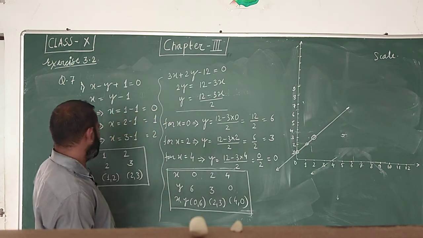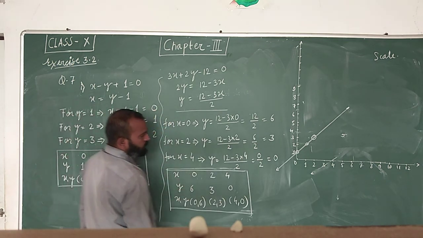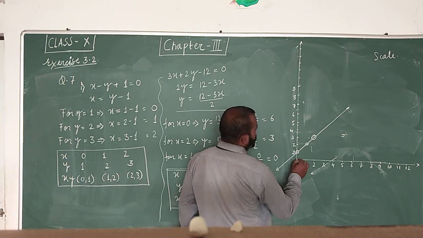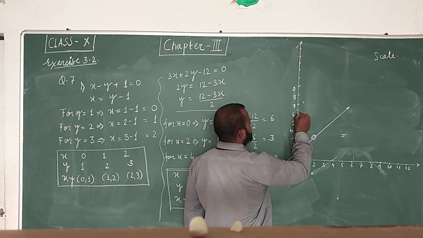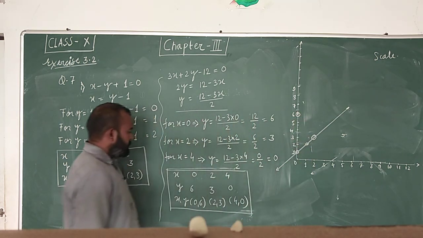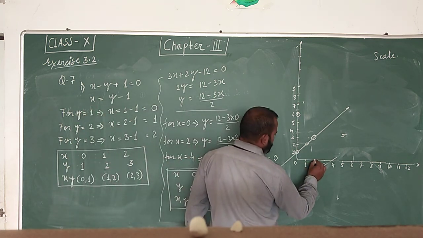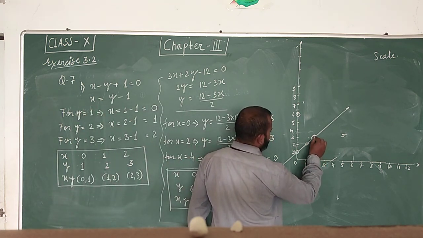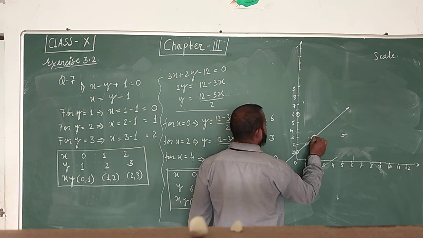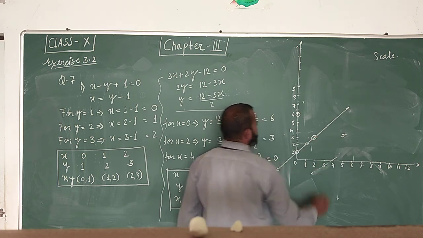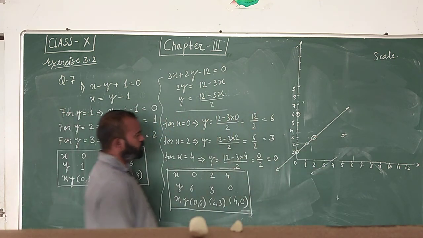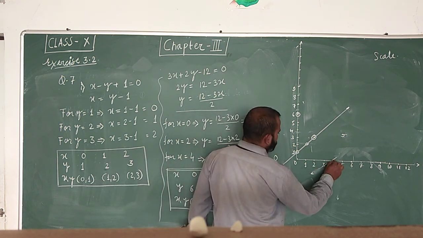Another: (0, 6), then (2, 3), here also we have (2, 3), then (4, 0).